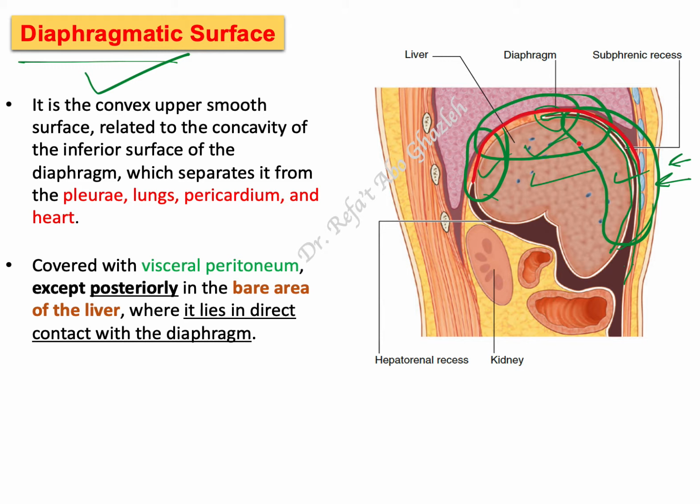If you look up, you will see that the diaphragm separates the liver from the lungs and from the pleura that covers them or lines the thoracic cavity, right? And it also separates it from the heart in the middle and the pericardium that covers it.